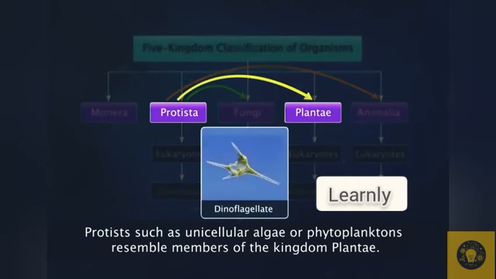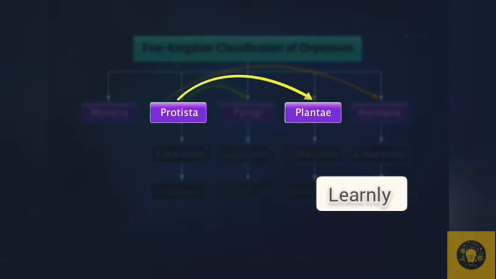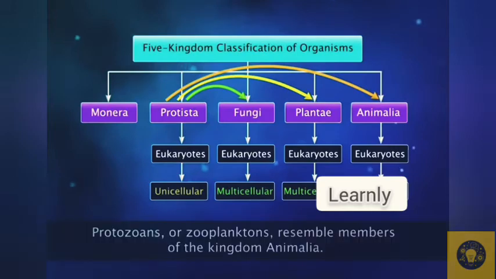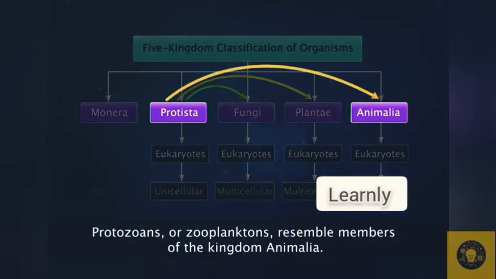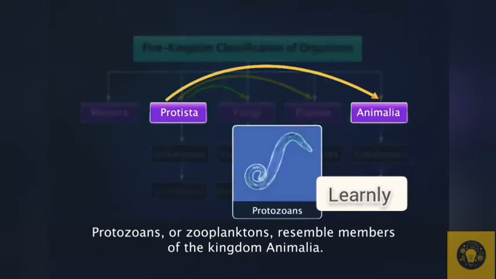Such protists are called phytoplanktons, and they are free-floating in water. Protozoans resemble members of the kingdom Animalia. They are also called zooplanktons, as they are animal-like, free-floating organisms.